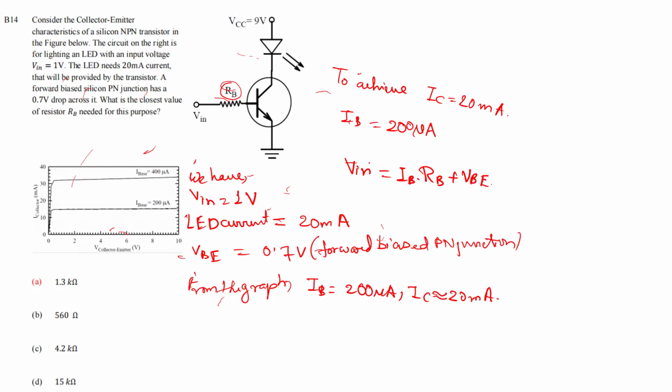Right. So we can write V in is given 1 volt, equal to 200 into 10 to the power minus 6 ampere into RB plus 0.7 volt. We solve for RB.